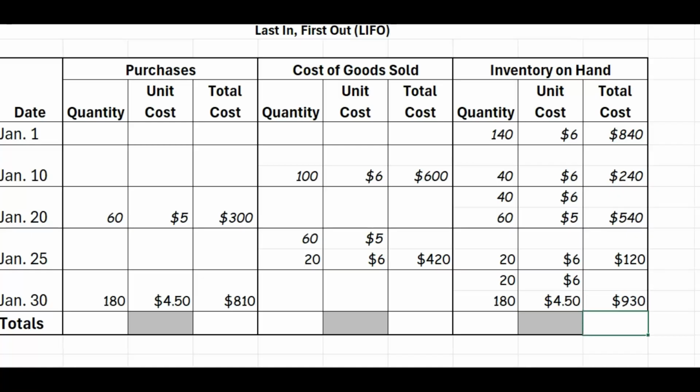Ending inventory balance is $930. Total cost of goods sold is $420, and total purchases is $1,110.